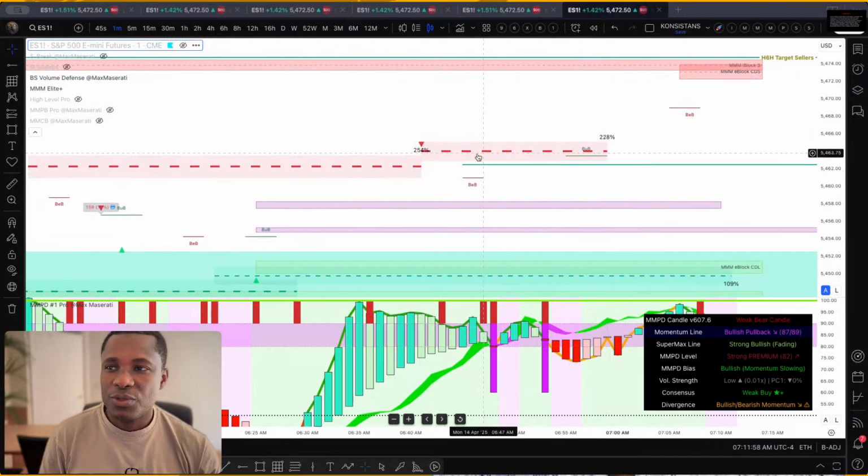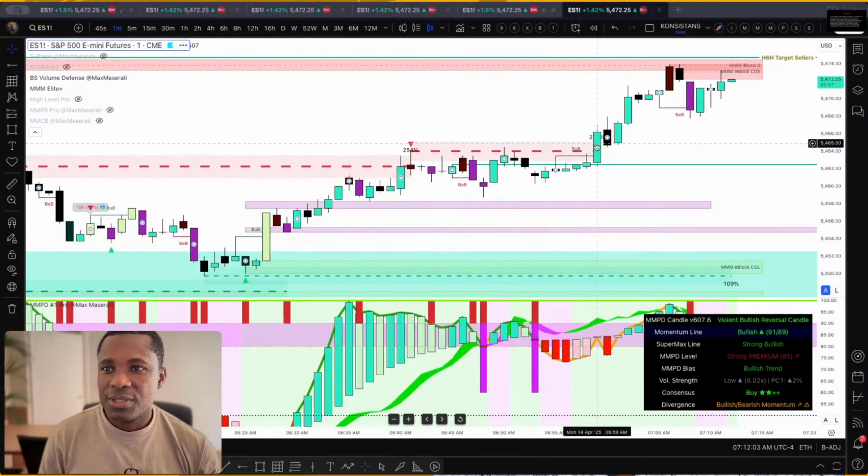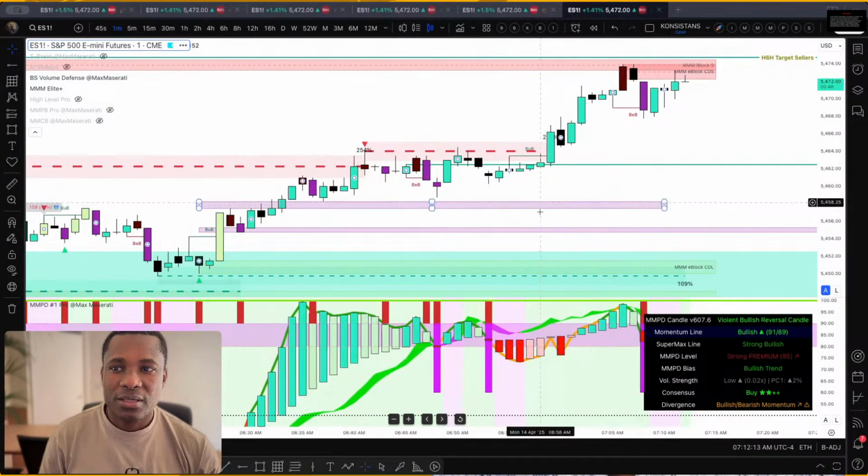See? 254, 228. This candle was the one that said, okay, no more. They crush with power. So if you were to get where it would have gone to, but still, it wasn't.